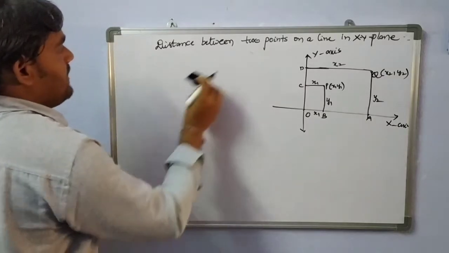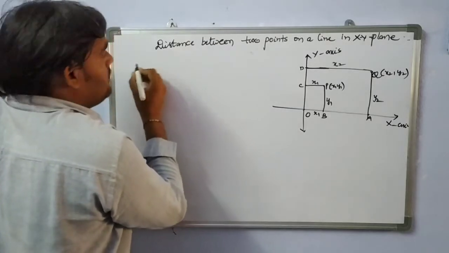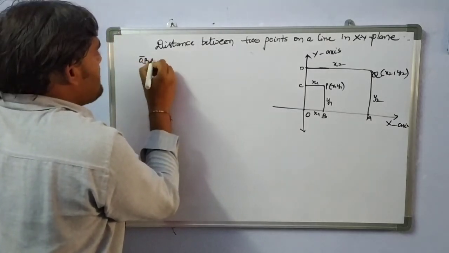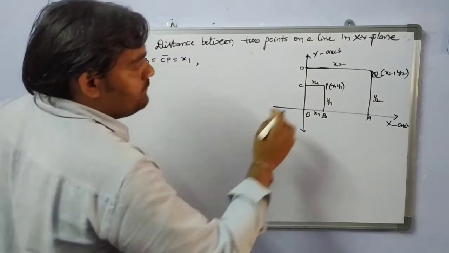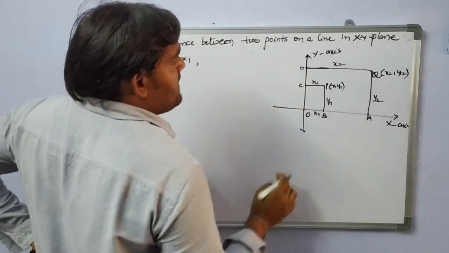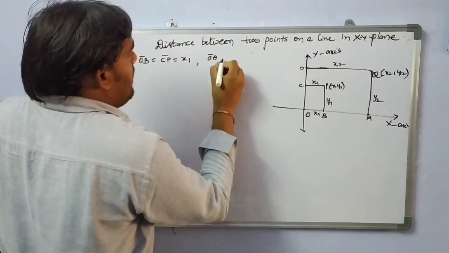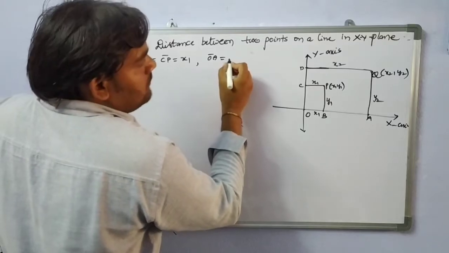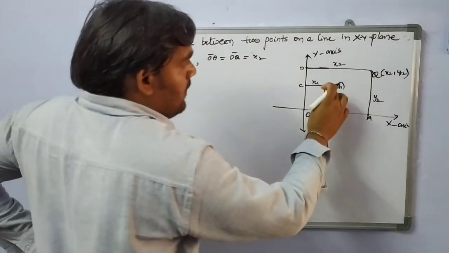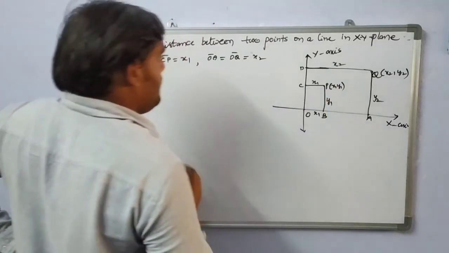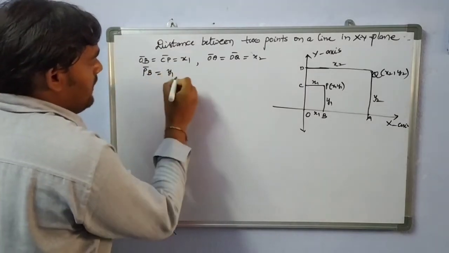From this figure, we can write OB bar is equal to CP bar is equal to x1. Next, OA bar is equal to DQ bar is equal to x2. After that, PB is equal to y1.